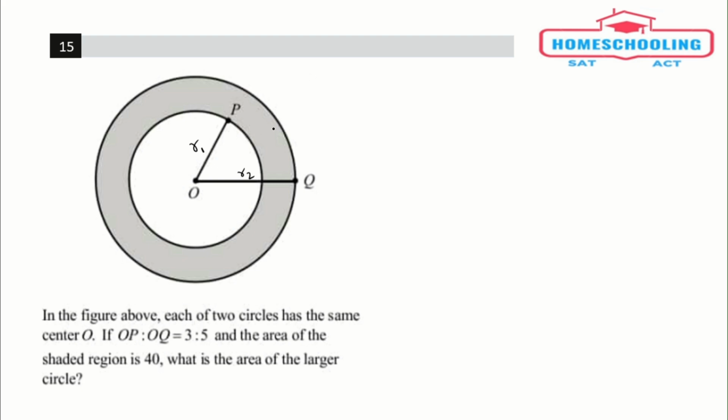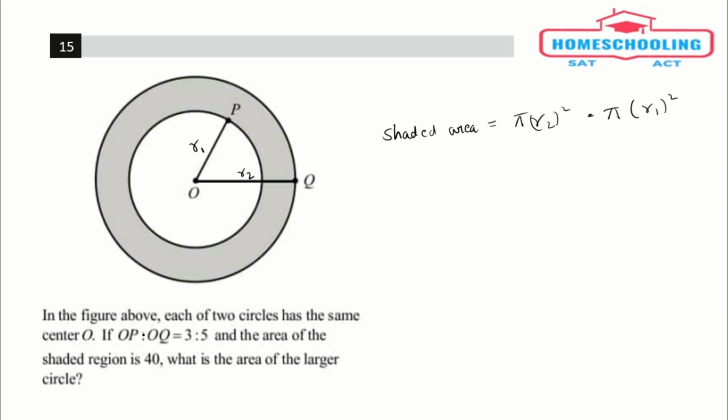To find this area, we subtract the smaller circle area from the larger circle area. So the shaded area is equal to pi r2 whole square minus pi r1 whole square.